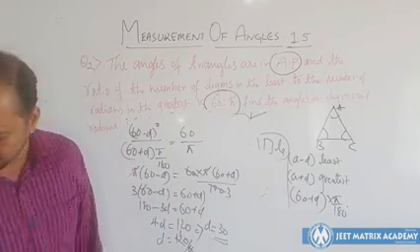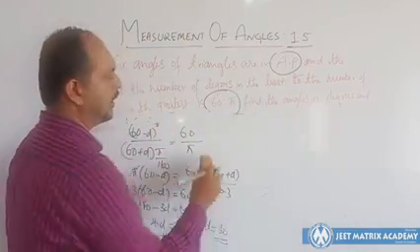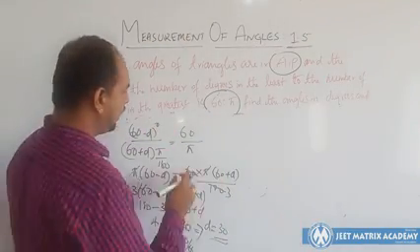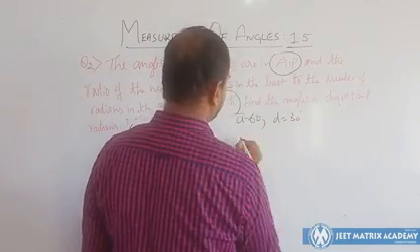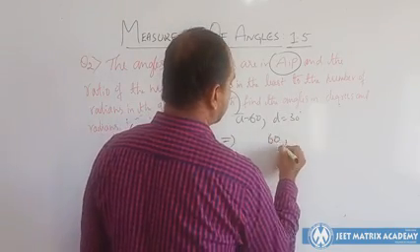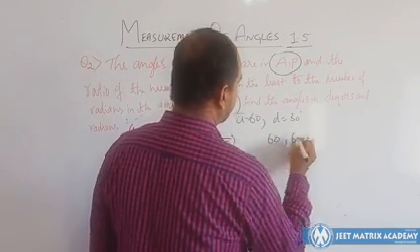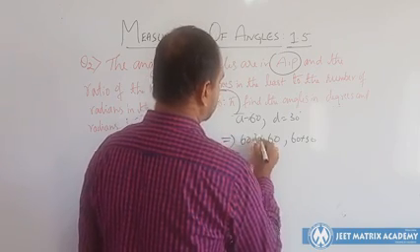Now rewrite all three angles of the triangle. A is 60 we got, D is 30. So the three angles will be 60, 60 plus 30, 60 minus 30.